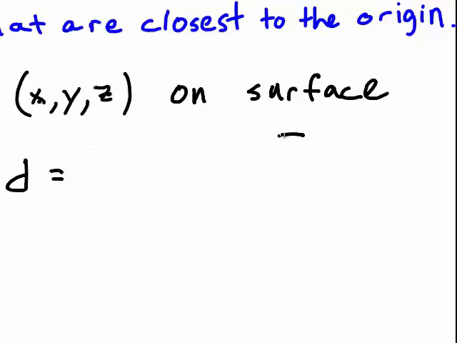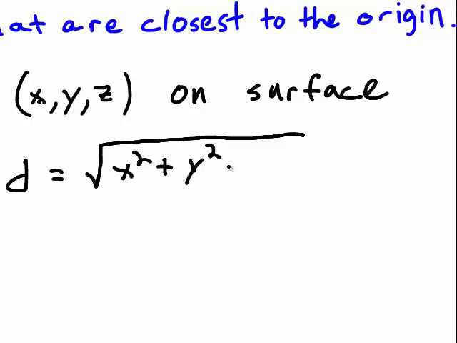D equals the square root of (x minus 0) squared, which is just x squared, plus (y minus 0) squared, plus (z minus 0) squared. And to further simplify it, you know that on the surface, y squared is equal to x times z plus 2.